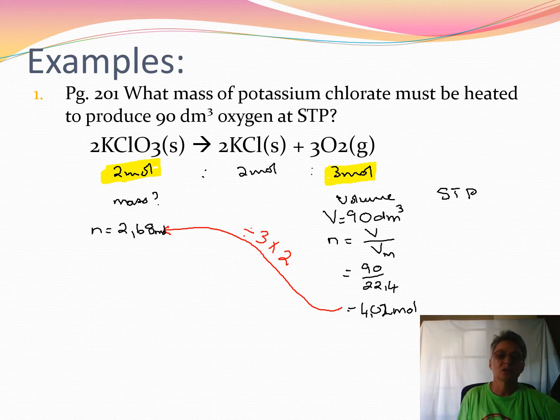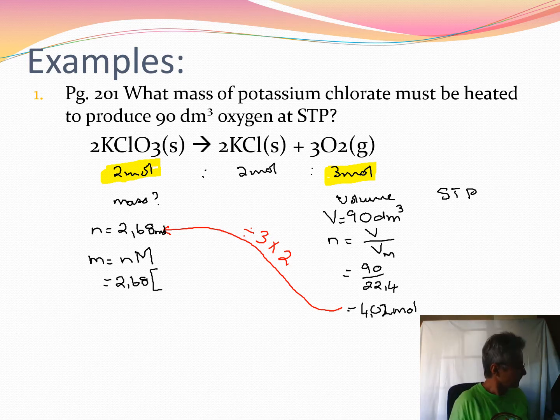Change this to mass, it's moles times molar mass, so it's 2.68. I'm not changing the answer on my calculator, so my value might differ from yours. Now the molar mass of potassium chlorate is 122.5.